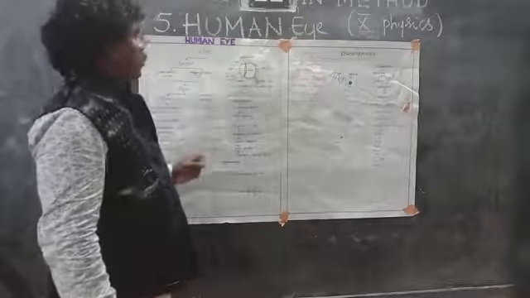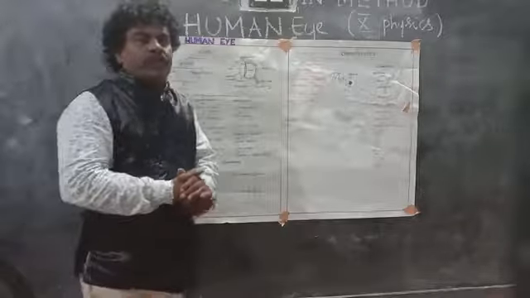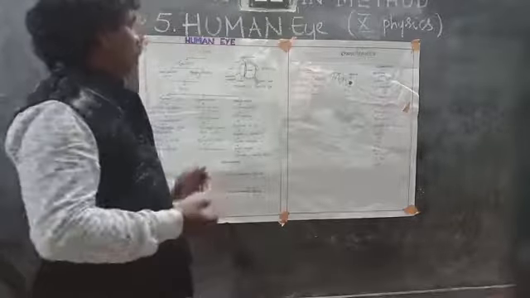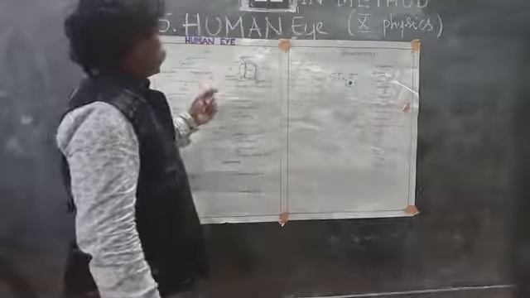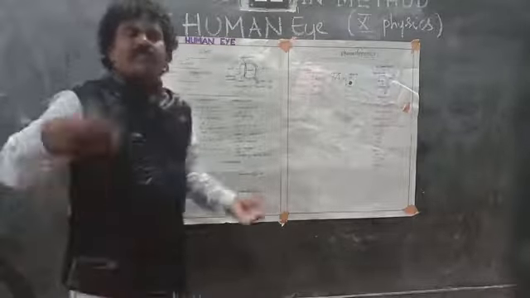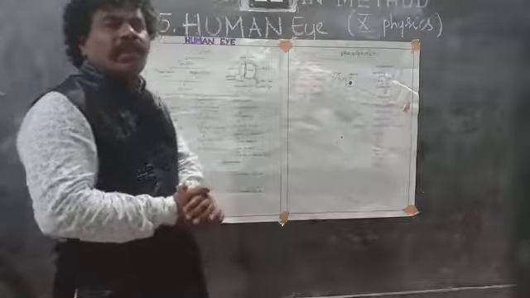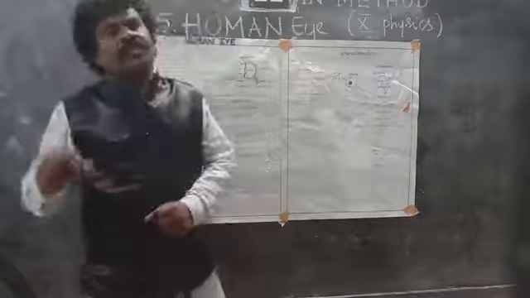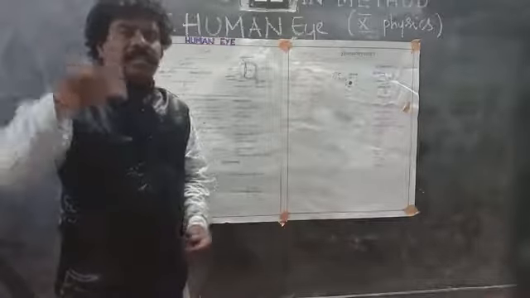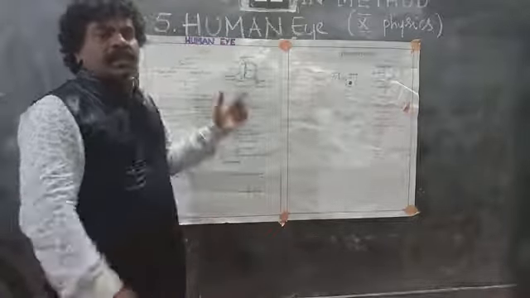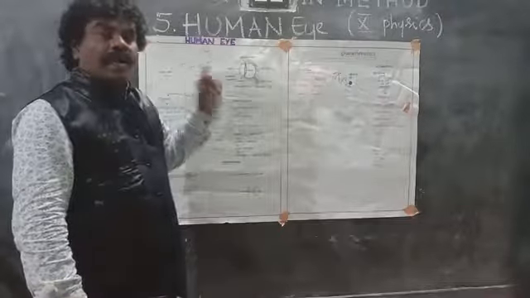Iris is the muscular diaphragm and colored part. It controls the amount of light. If more light falls on the eye, the iris will control the light. So it is the controller of the eye.